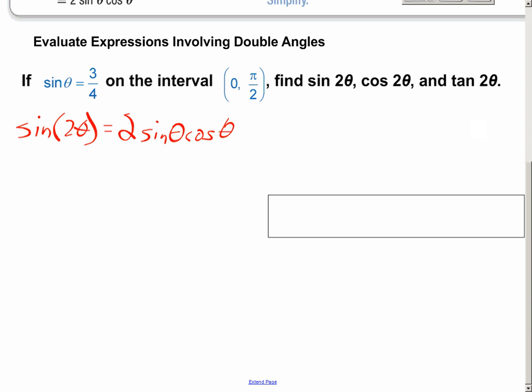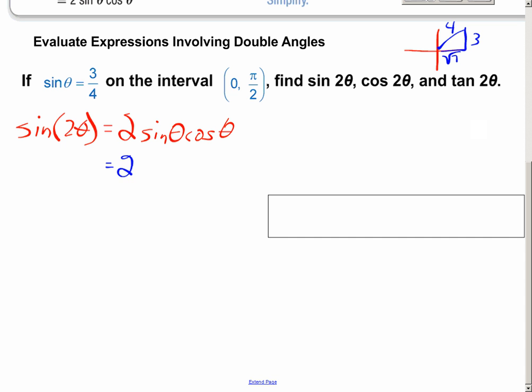Well, we see we are on the interval from 0 to pi over 2. So we're just going to make a little drawing like we often have and say, okay, we know we're up in the first quadrant here and that sine is 3/4. So we have 3 and 4 there. And using the Pythagorean theorem, then the other side is the square root of 7. So now we can proceed to fill in.